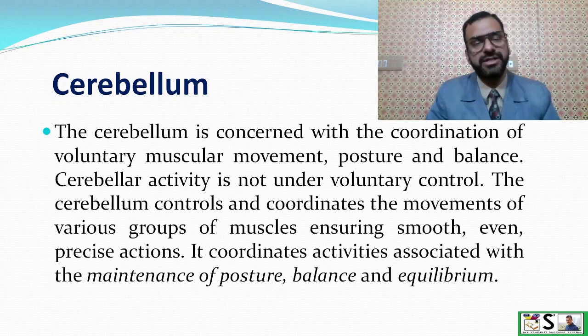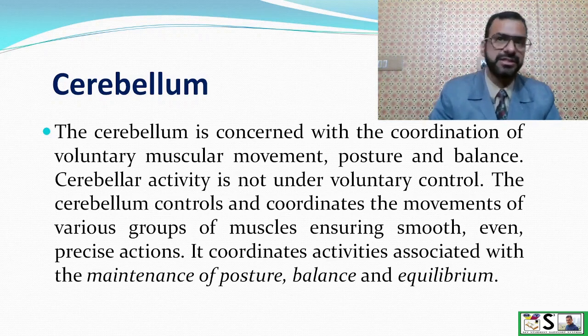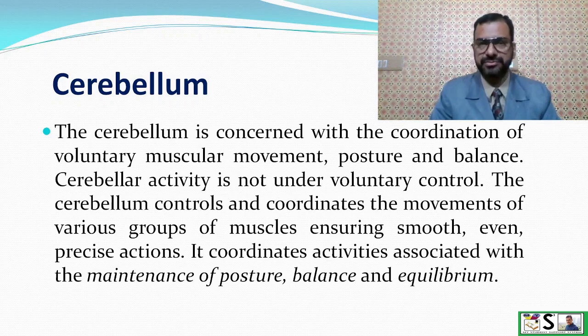The cerebellar activities are not under voluntary control. The cerebellum controls and coordinates the movement of various groups of muscles, ensuring smooth, even, precise action. It coordinates activities associated with the maintenance of posture, balance, and equilibrium.